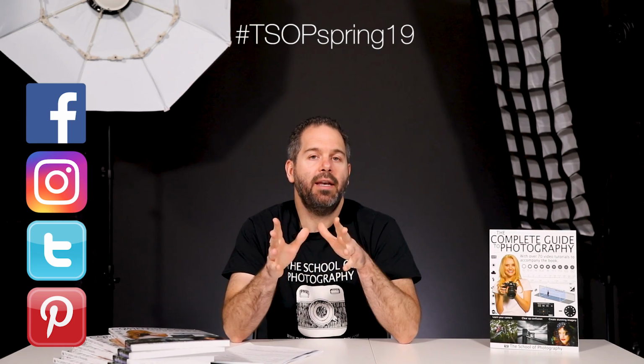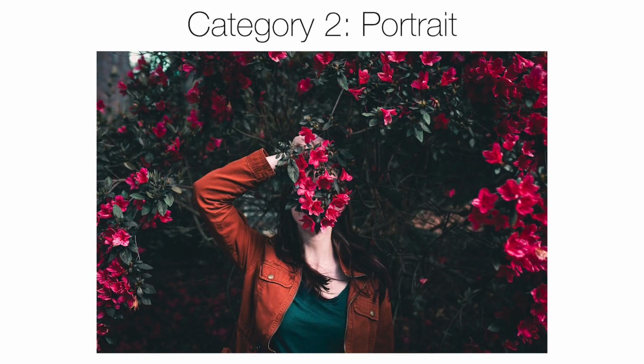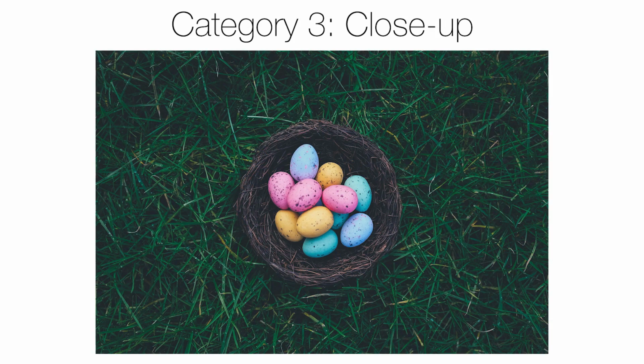And also in the description or the caption of that picture, you need to put the category that you are entering, i.e. is it landscape, is it portrait, or is it close-up? Now you can enter as many pictures as you like to as many of those categories as you like, but you're only going to win, if you're lucky enough, in one of those categories.